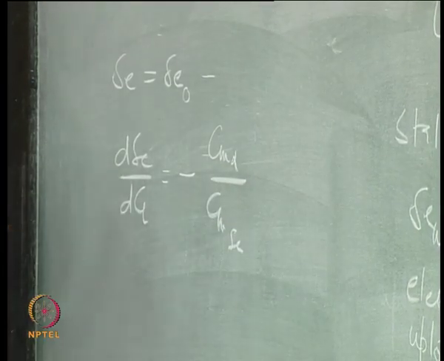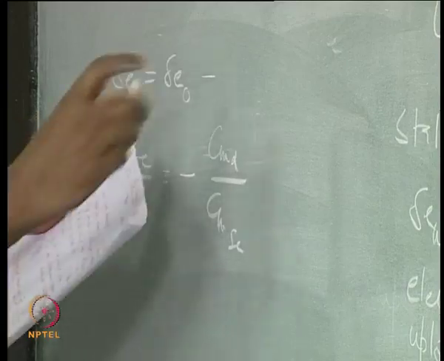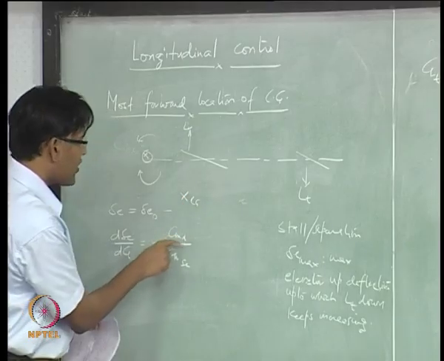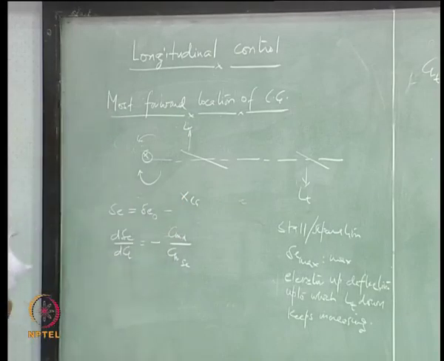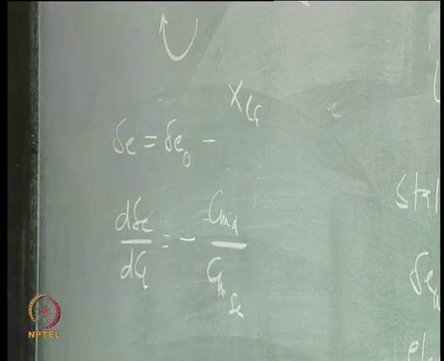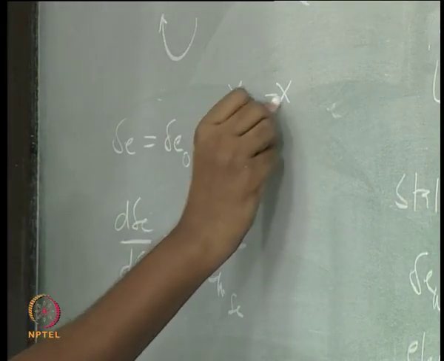From this you can find out, this is going to depend upon the static margin. Cm alpha is going to give you the static margin.